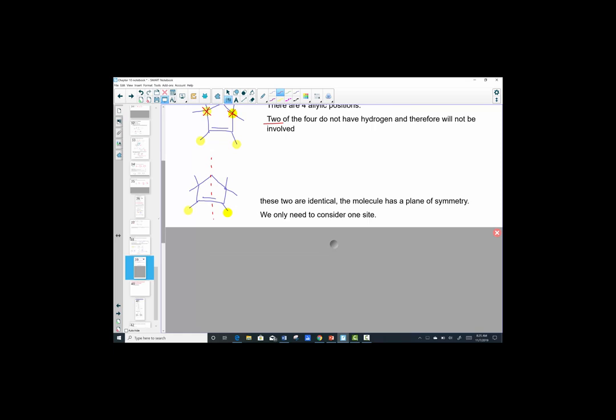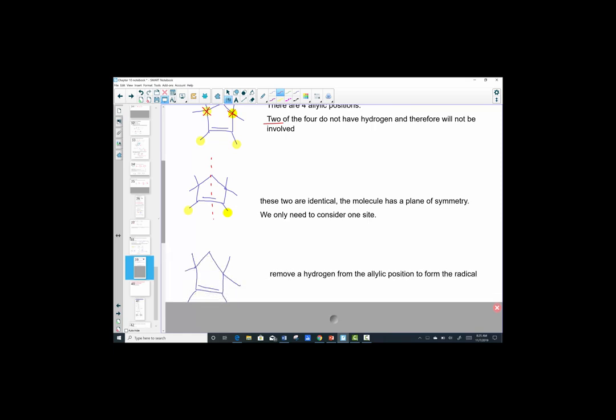Alrighty. Now, as we think about the resonance structures, we remove the hydrogen and form an allylic position to form the radical. And that's what I've done here. I removed a hydrogen and made an allylic radical. And yes, I could have absolutely made it at this site as well. I just had to pick one side or the other.